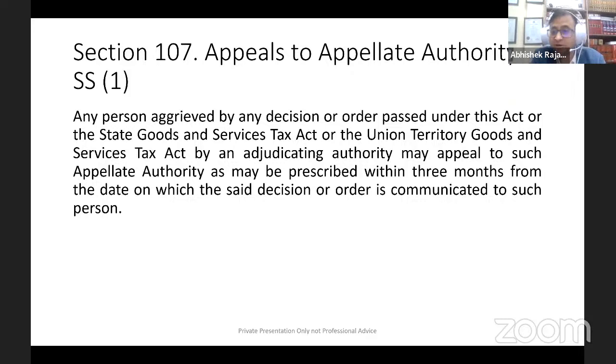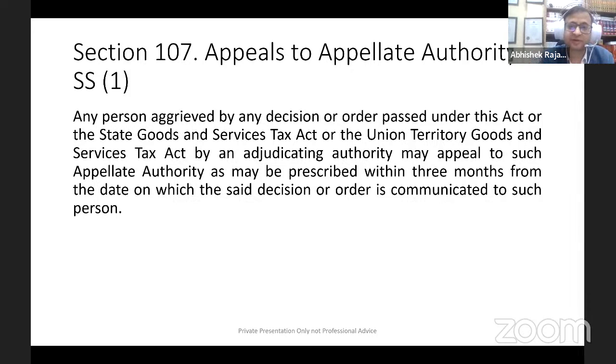Or because of cancellation of my GST registration, this goes against Article 19(1)(g), which gives me the fundamental right to trade or the right to pursue a profession.